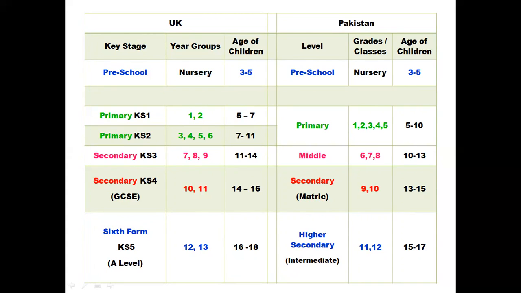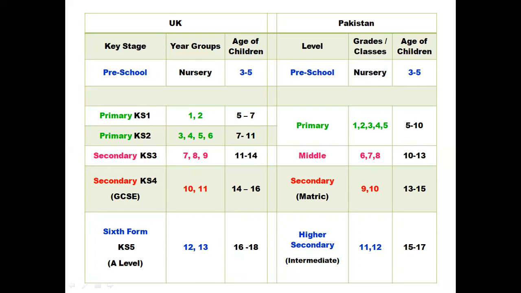While in Pakistan, primary education includes grades 1, 2, 3, 4, 5, or classes 1, 2, 3, 4, 5. So what we can see is that in Pakistan, primary has only one level, while in the UK, primary has been divided into two key stages.